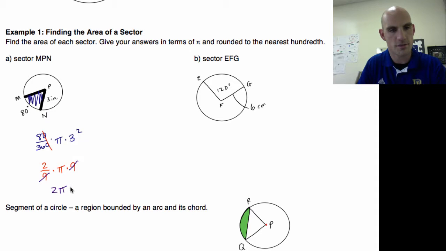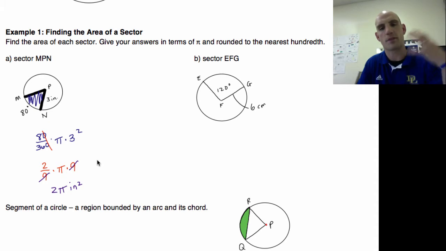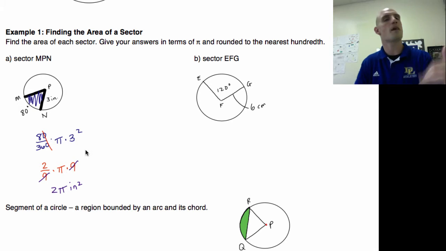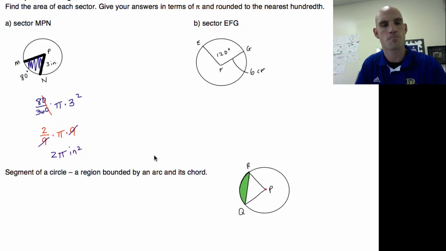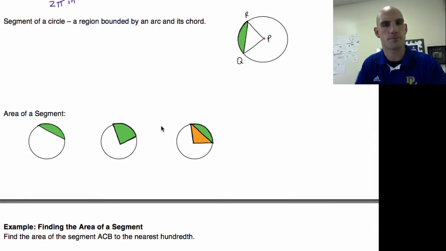Units are in inches squared. So we reduced that down until we got to something we could actually use. Once you know the formula, it's really just a matter of applying it and reducing those fractions. Okay? So for sector EFG, we're going to have something similar, except we have 120 degrees with a 6 centimeter radius.